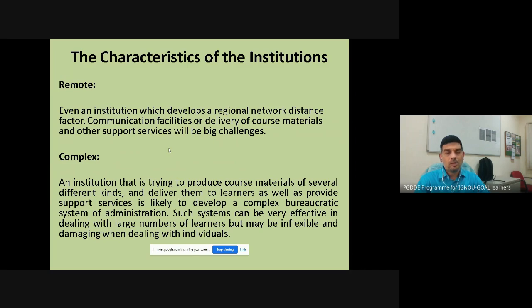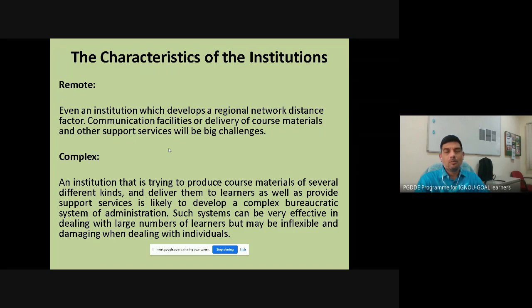Some of the technologies may be used by institutions to provide certain support services also. But there are a variety of methods that any institution can apply to provide learner support, but it depends upon the kind of creativity and the kind of innovative mindset that we have as professionals working for the open and distance learning system.